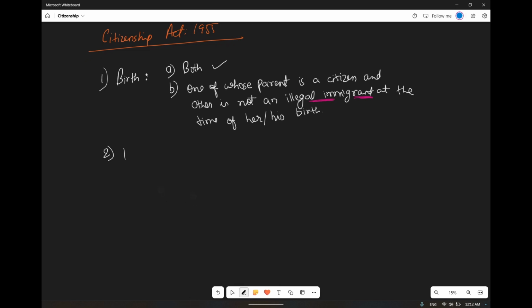Okay, another is by descent. Dual citizenship also works in this case. Let us suppose one of your parents is from India and you have taken birth in America.